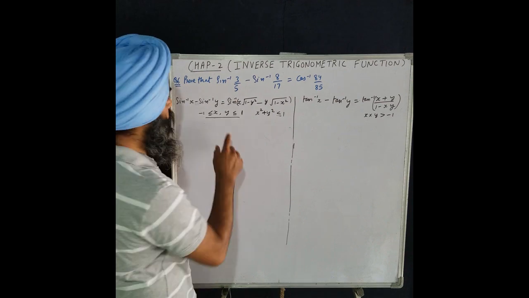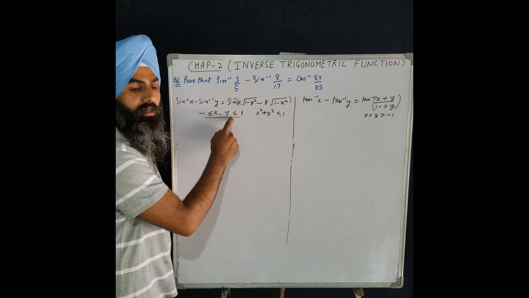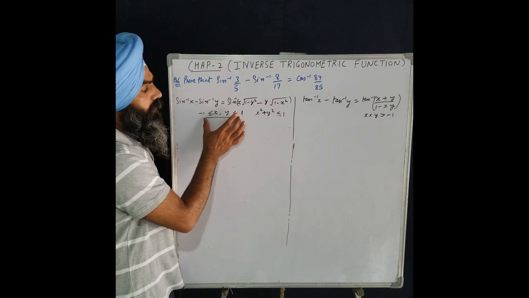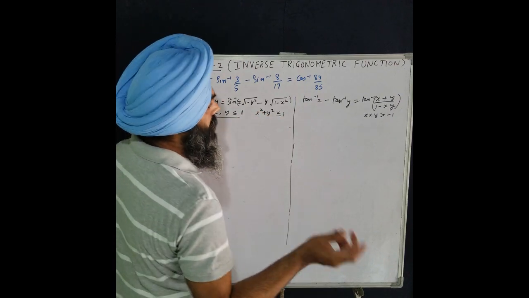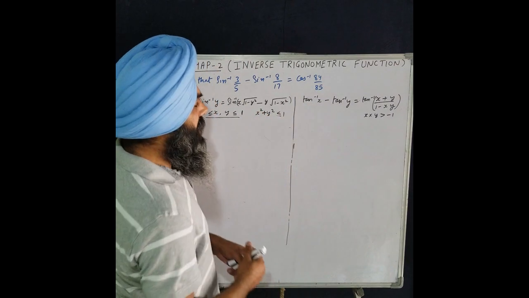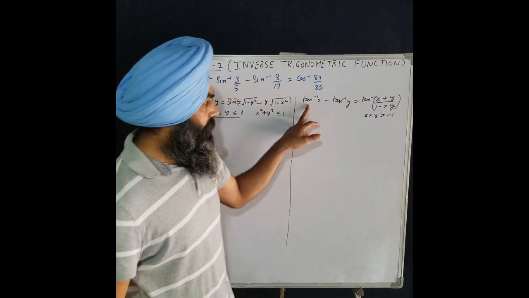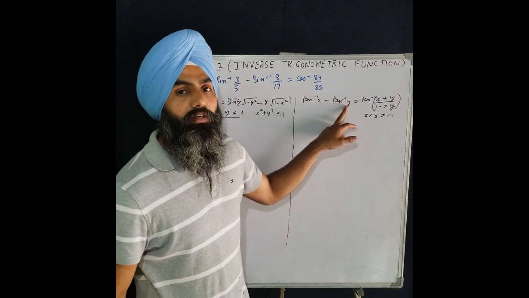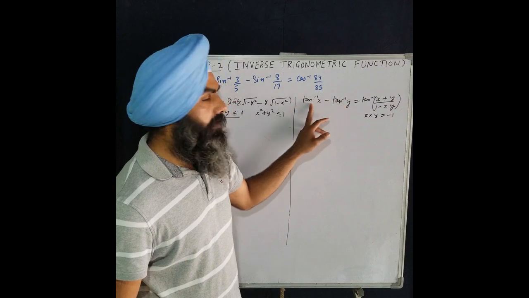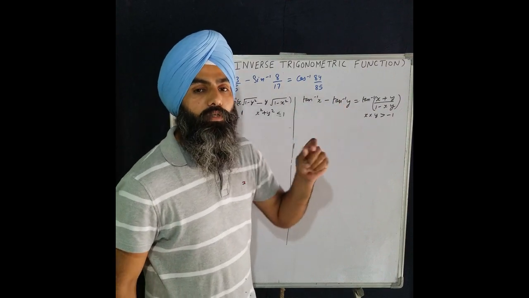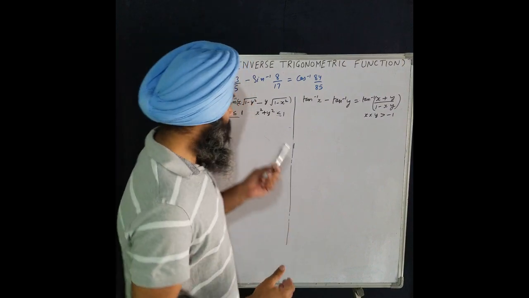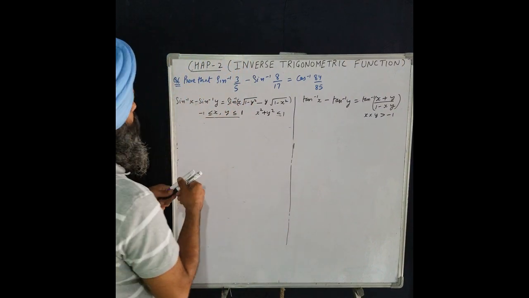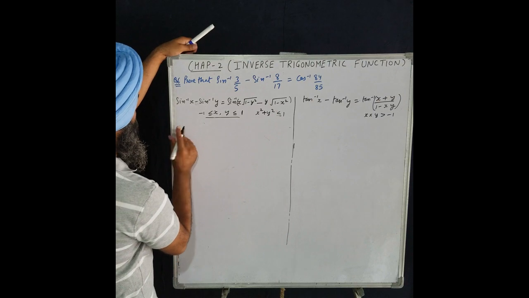But before you have to check that x comma y lying between minus 1 and 1, and x square plus y square is less than equal to 1, okay. Another method is which I always prefer you to solve with the tan inverse x plus tan inverse y, or tan inverse x minus tan inverse y, because it is the most common formulas and applicable in most of the questions, okay. Now firstly we will try to solve this question with the first method.